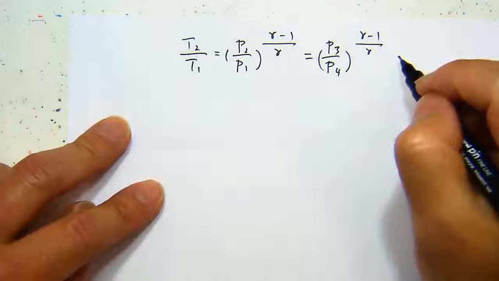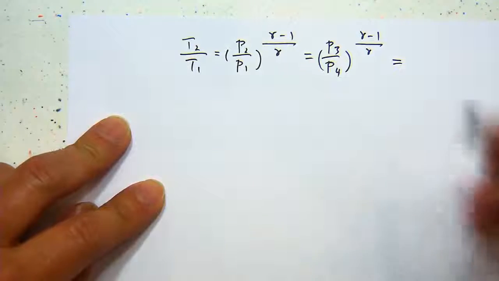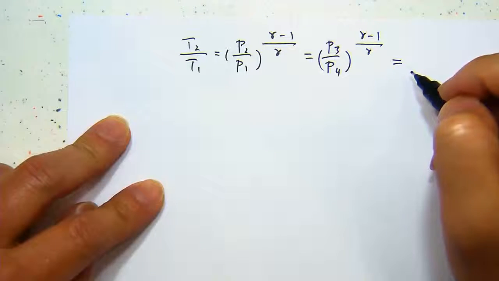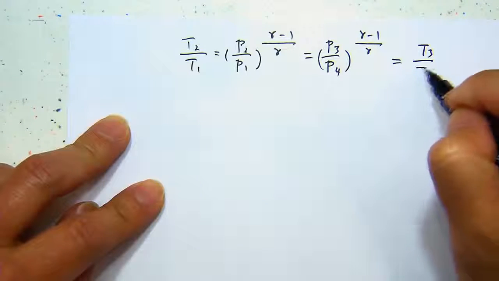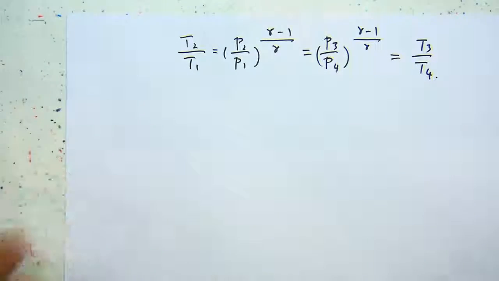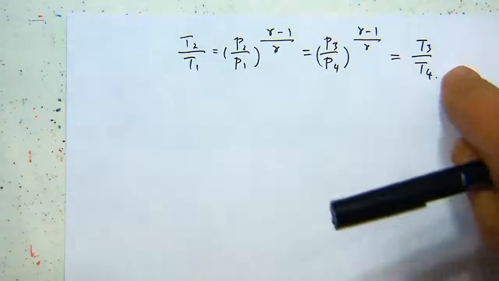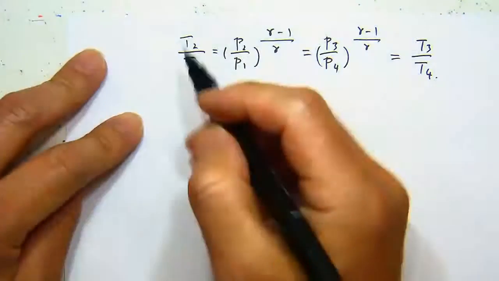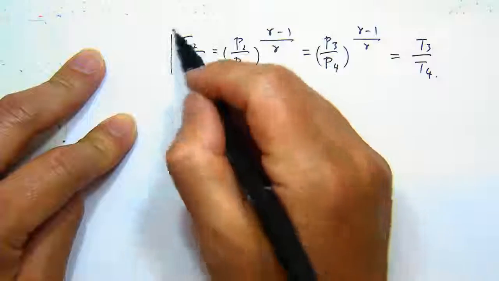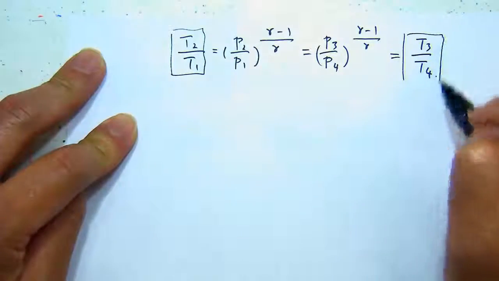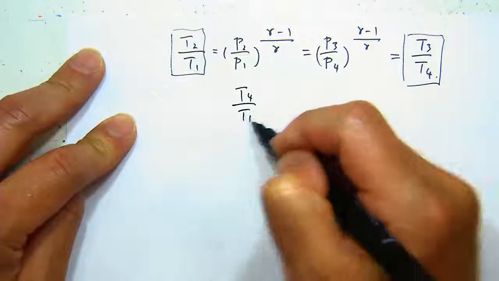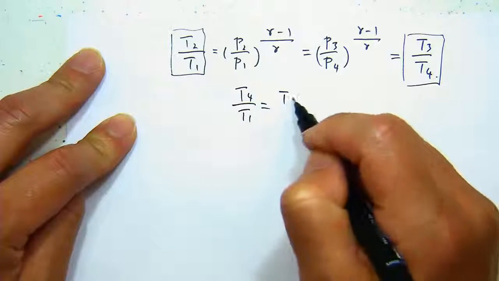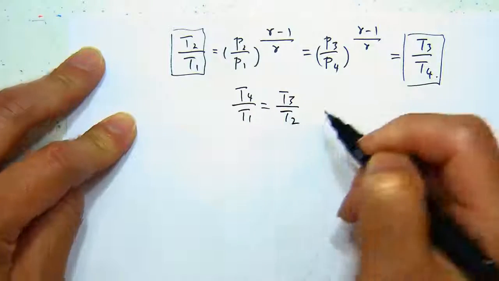And then this one becomes what? It becomes T3 over T4, right? The turbine inlet versus turbine outlet. So if we recognize this equals to that, we can simply rearrange to get T4 over T1 equals T3 over T2.